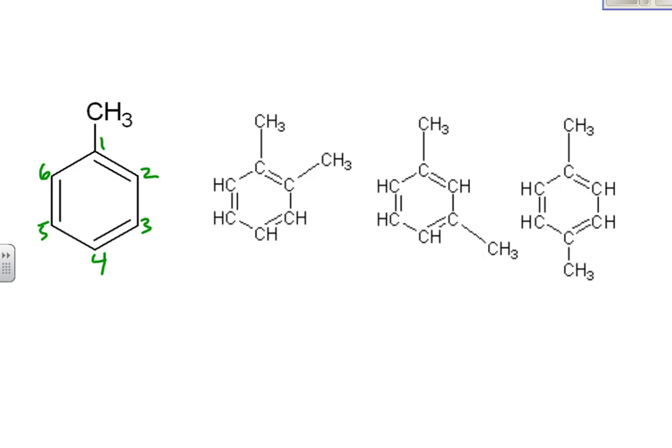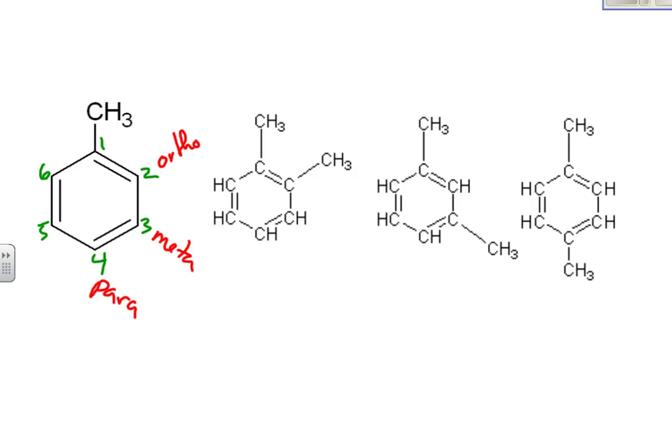The other way that we can name things is by a system where the second position is the ortho position, and the third position is the meta position, and the fourth position is the para position.